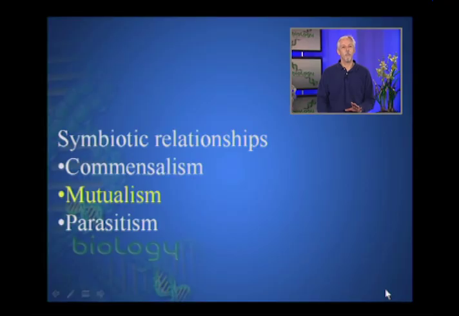Mutualism occurs when both species in the relationship benefit. So an example of this would be in a lot of herbivorous animals. Animals cannot digest cellulose, and so there are microorganisms, unicellular organisms, that live in the gut of termites, deer, cattle, goats, and so on, that can digest the cellulose.